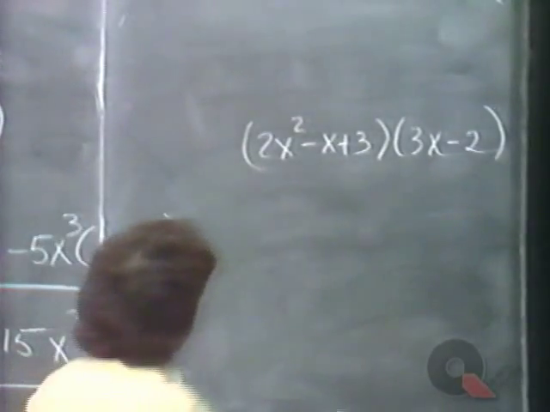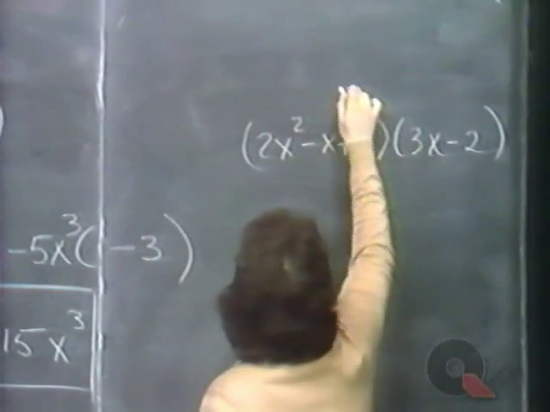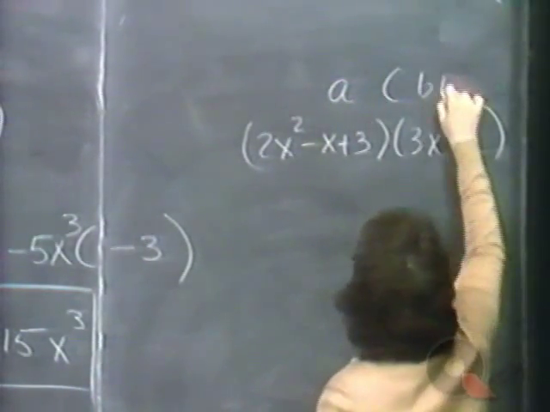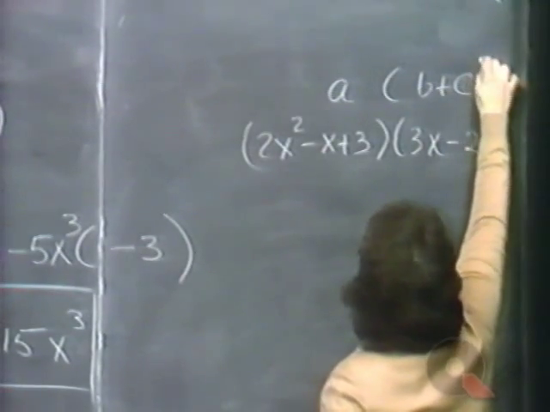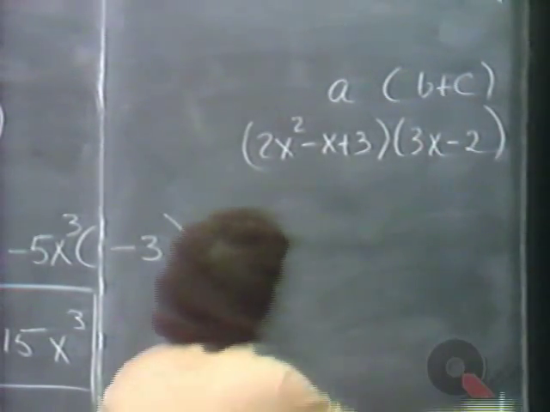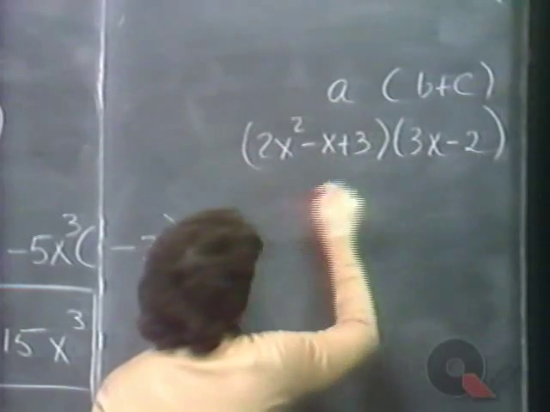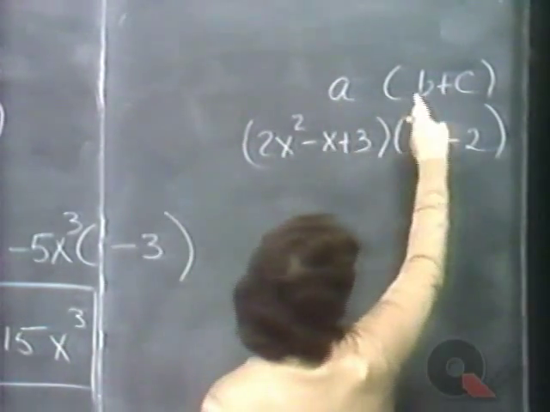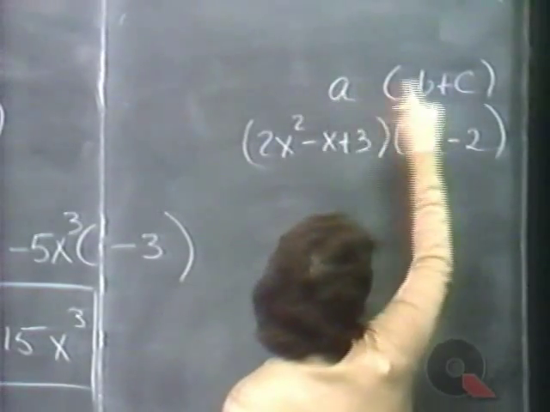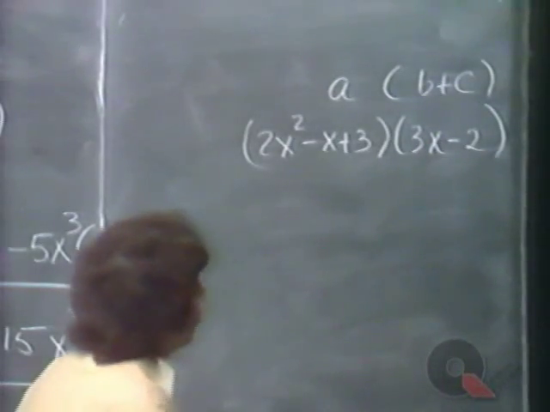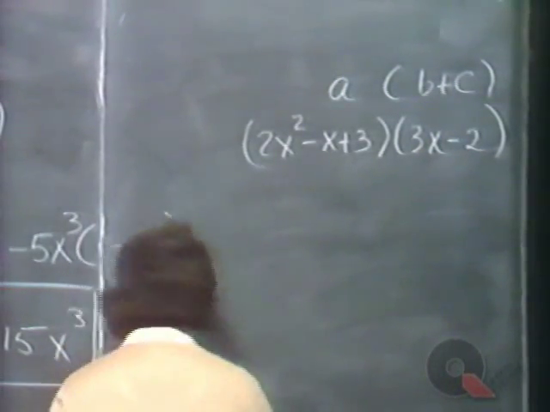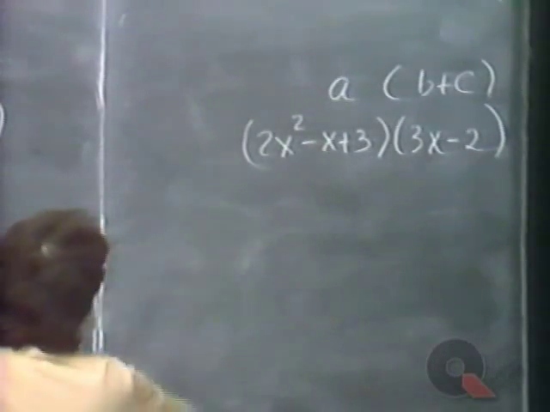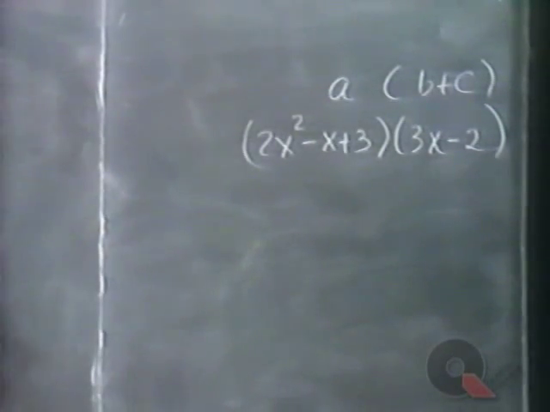You can think of this as, say, a times b plus c. Consider this entire first part as a. And we're going to distribute it using a times b plus c is ab plus ac. We're going to extend the a through the parentheses. In this case, we're going to send the 2x squared minus x plus 3 through the parentheses.